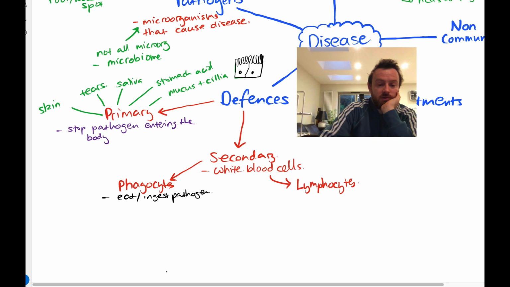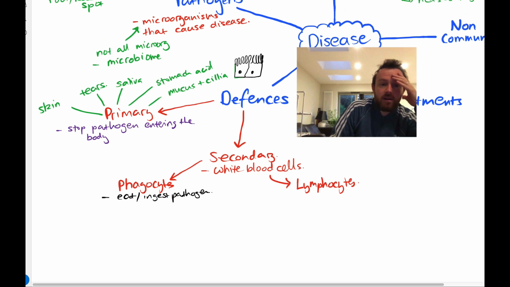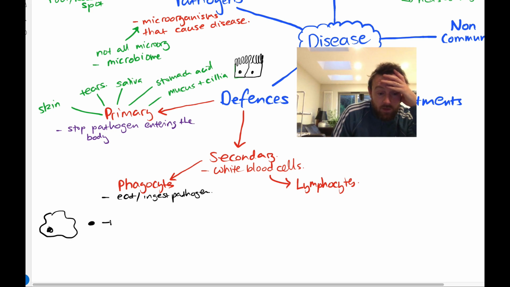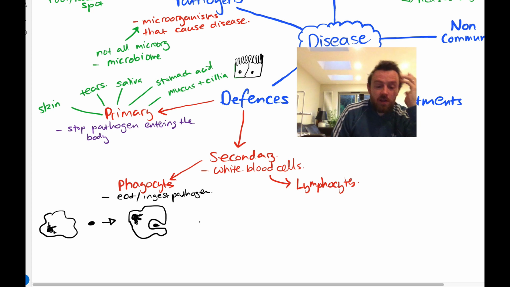I'll move down a little, and I'm going to draw a quick diagram of that. Basically, here we have a pathogen. Here we have a phagocyte, a large cell. The phagocyte comes over here, and this is the nucleus, which is quite often a bit multi-lobed like that.